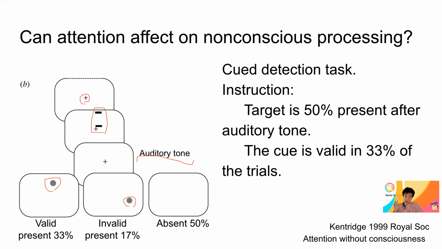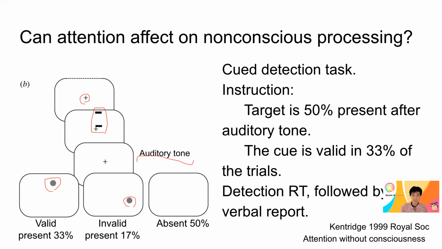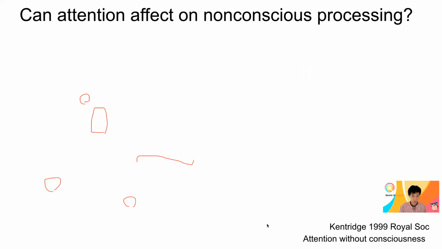So what it means is that in one third of the trials, there will be a target at the cued location, there will be no target in 50%, and the rest there's a stimulus on the display that the patient cannot see. Then he's asked to respond to this stimulus as fast as possible, followed by a verbal report of whether it was possible to see or not. So it's a relatively complicated task design, but you need to imagine what the patient is going to feel like.